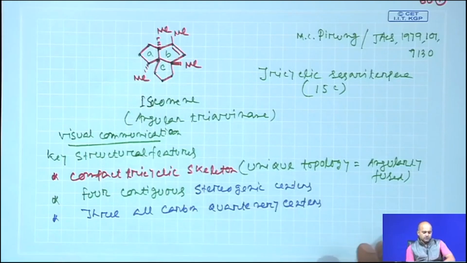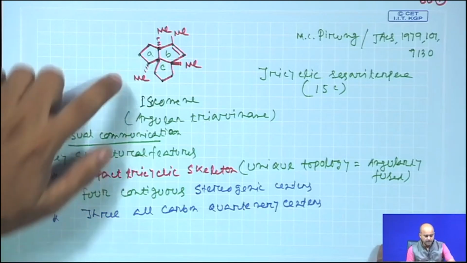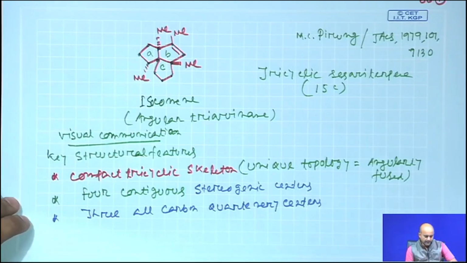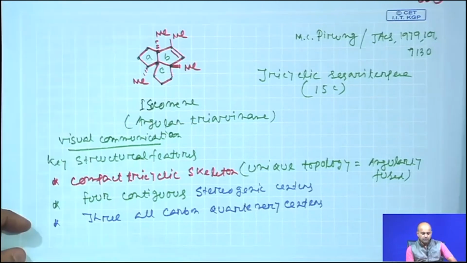So these are the main structural features we see in this molecule, and from the very beginning you can say that as there is no active functionality, you have to think about some type of redundant functionality. Anyway, we will try to analyze how these things can be done.